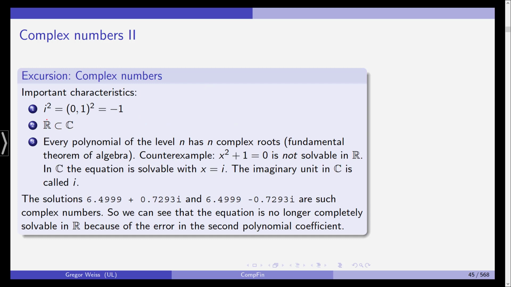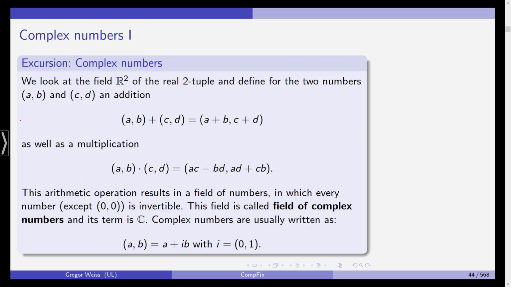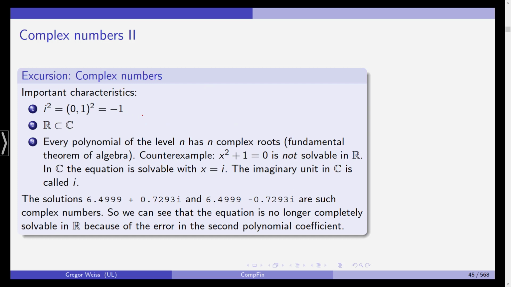If you take i squared, you can calculate this. You simply have to insert it into the product here. You can see that actually the result is -1, which is the first surprising result in the complex numbers, that you have a number and the square product of this is a negative number.